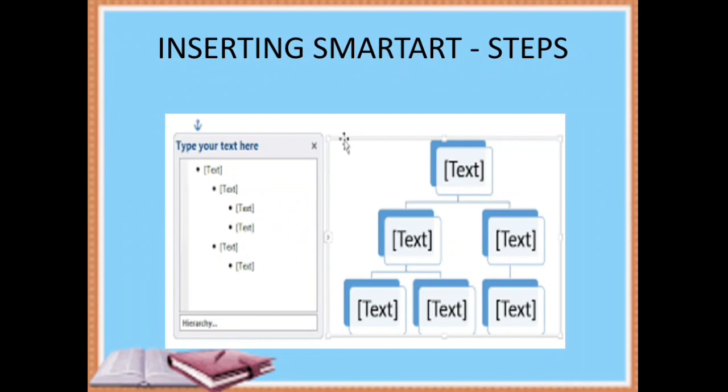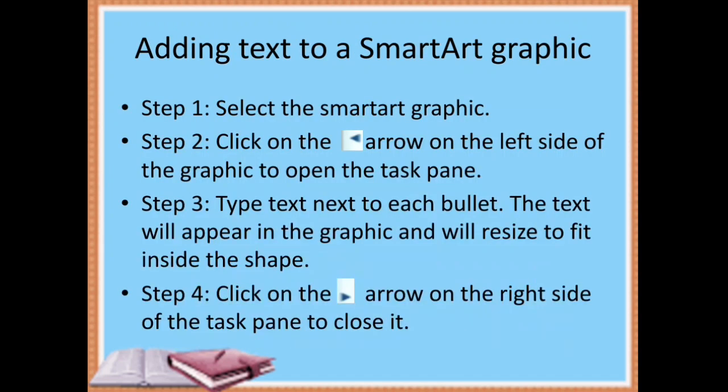Now we have to add the content. How to add the content in the SmartArt we have to see. That is adding text to the SmartArt graphics. For this you have to do these steps. The first step, select the SmartArt graphic. Then click on the left arrow on the left side of the graphic to open the text pane.